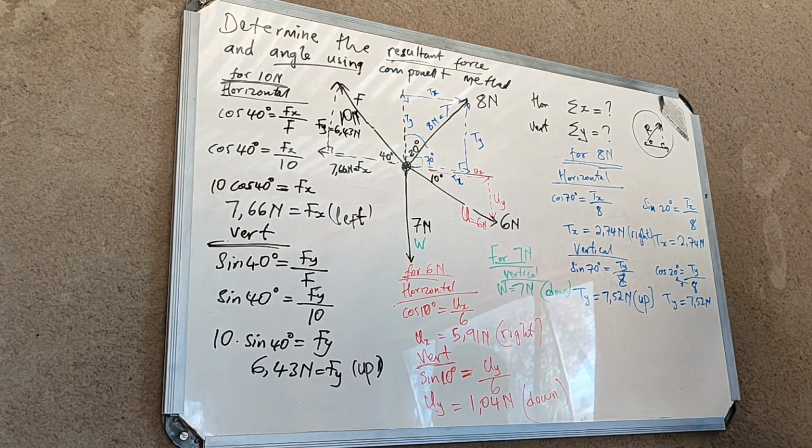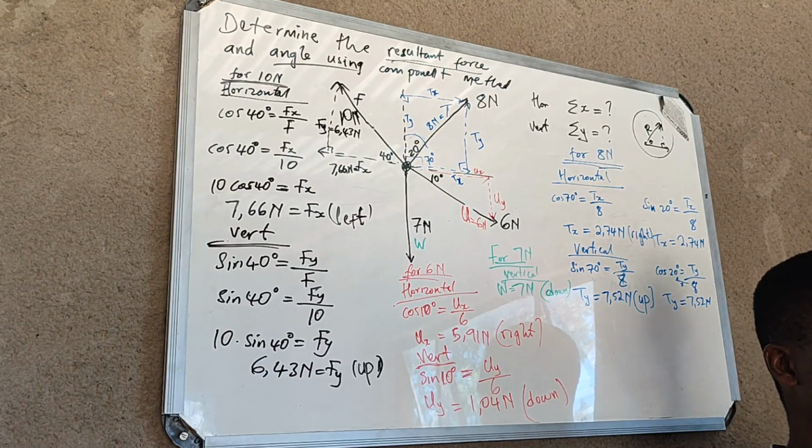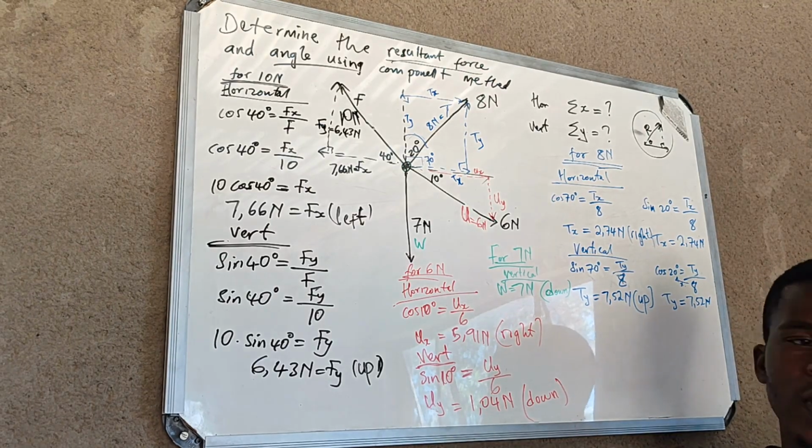If you try to do the component for this one, obviously the horizontal component is 0. What is cos of 90? Because the horizontal will be cos again. So you see that the horizontal is 0. Not that it's not there, but the angle between that and the horizontal is 90, so when you say cos of that, you get 0.